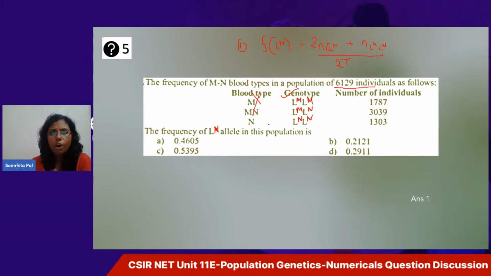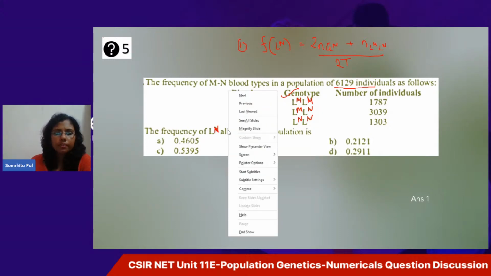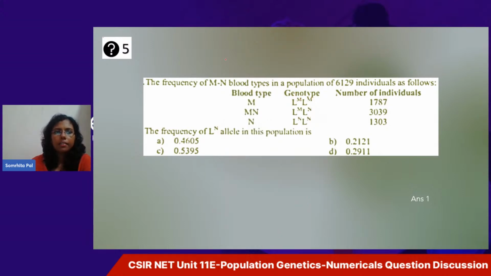So let me do this. To find out my frequency of LN, what I need is the frequency of my genotype LN homozygous plus the heterozygous frequency of LM LN, right?